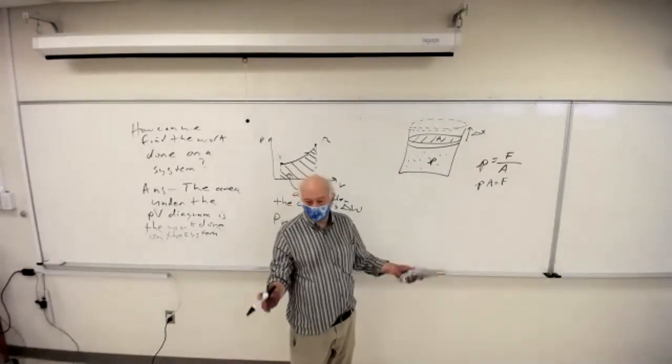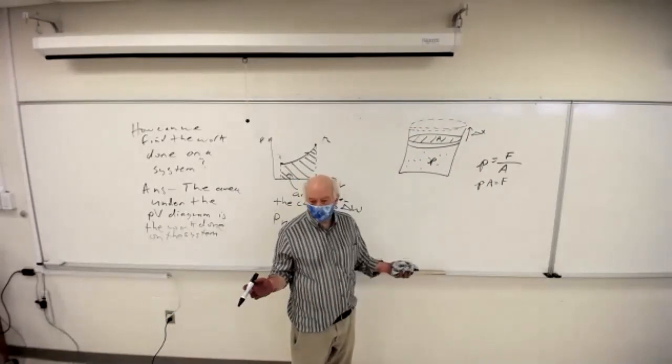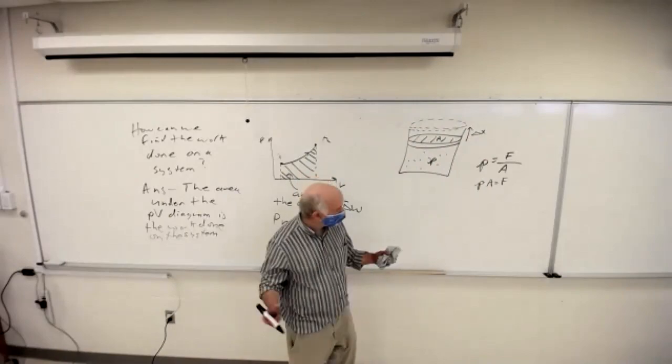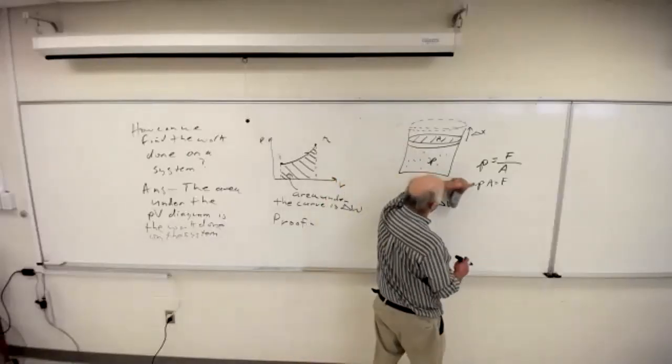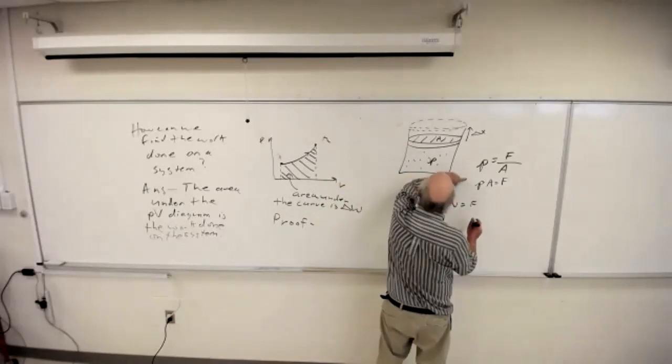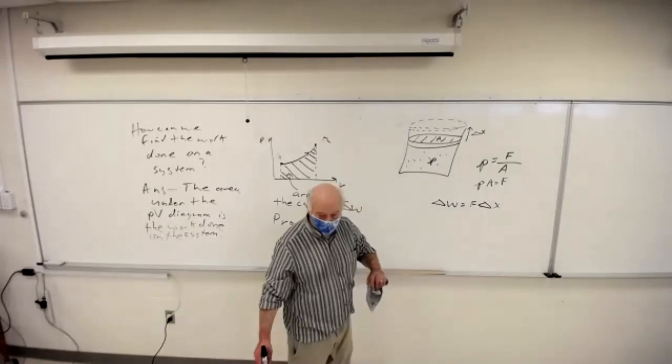What else? Just more generically, what is work? Force times the distance. So if I want the tiny amount of work done on this thing, I take the force, this F, times the distance that piston moves, delta X.